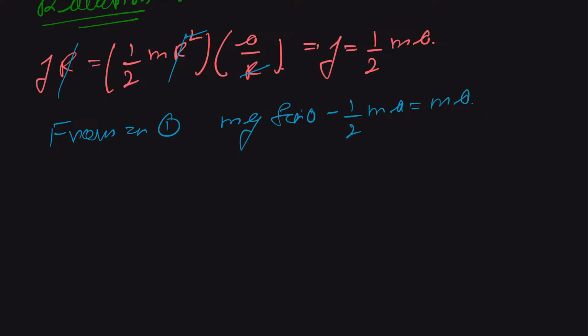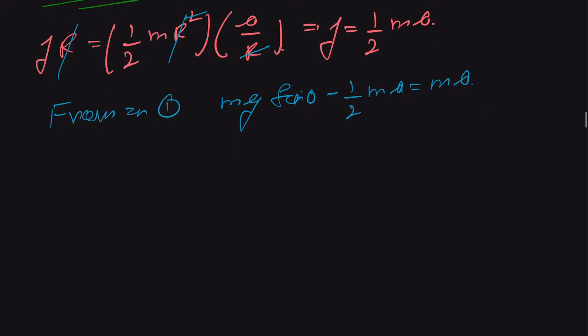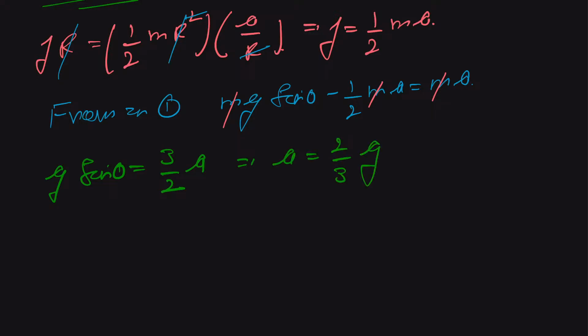That will be giving us 1 plus 1 by 2, which is 3 by 2, and we can simply remove our m, and from here we get that g sine of theta is equal to 3 by 2 A, and we can see that our A will be equal to 2 by 3 g sine of theta.